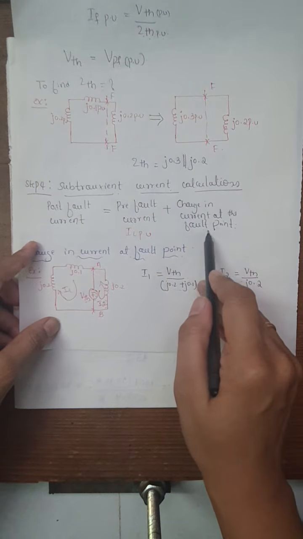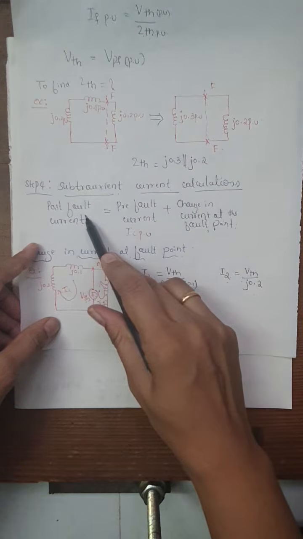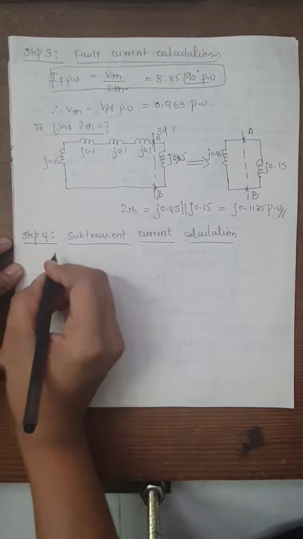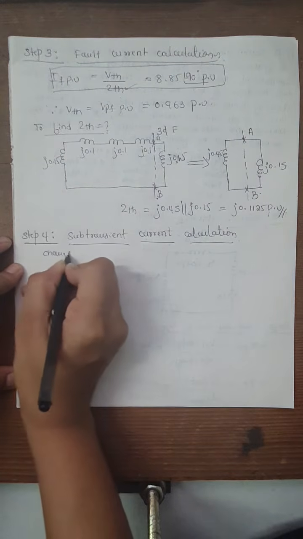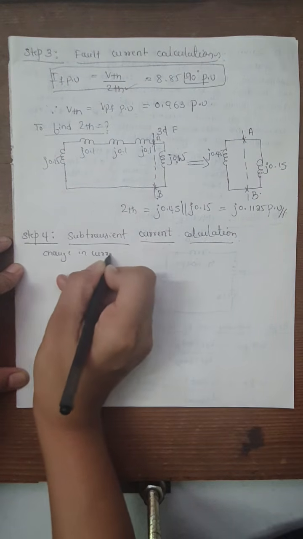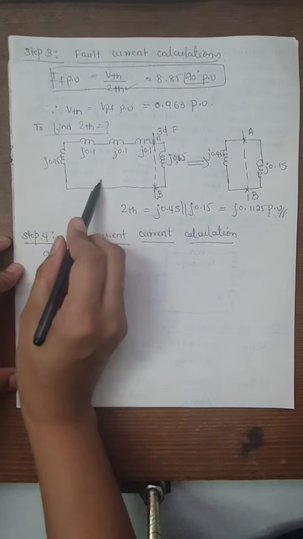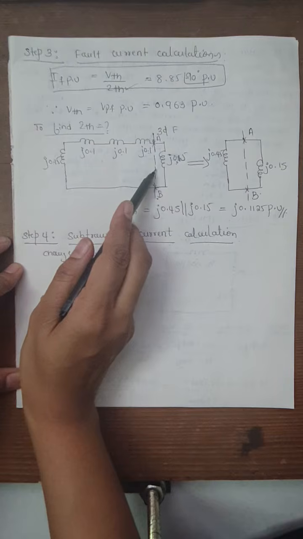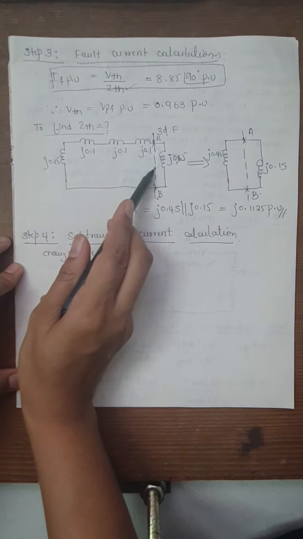So that we have to find. After that we can calculate subtransient values of current. So for the calculation of a change in current, what we have to do, the same reactance diagram we need to rewrite by connecting the Thevenin's voltage at the fault point by reversing its polarity.